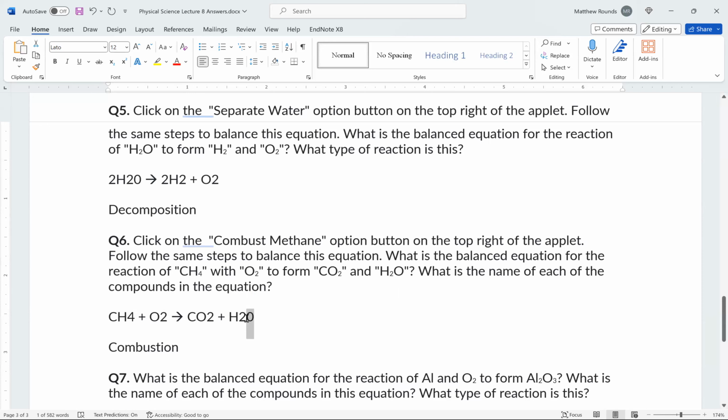And then there's two hydrogens on the right and four on the left. So if I put a two here in front of the H2O, that gets us the four hydrogens. And then in terms of O's, there's two in the front times this O, so there's four O's, which means we're missing a two there. And now it's completely balanced.